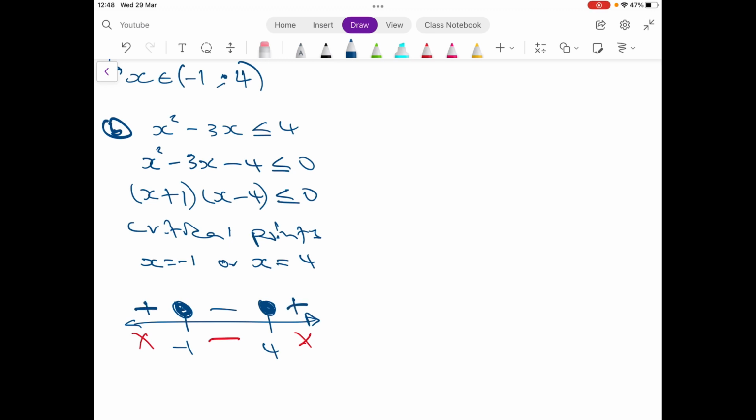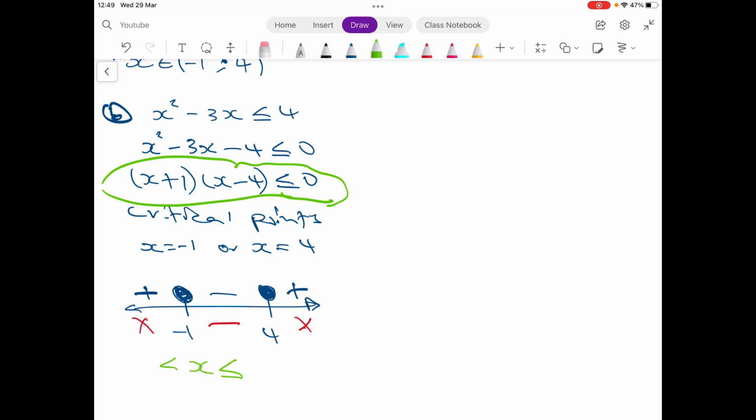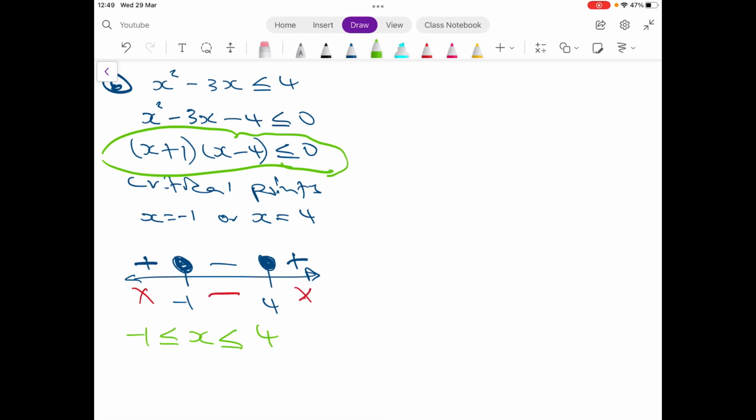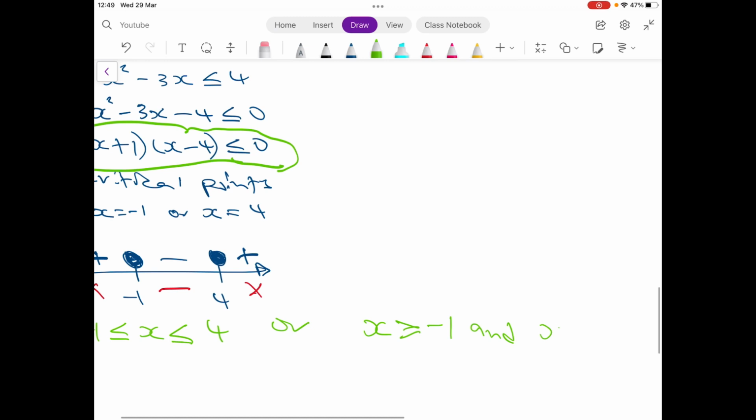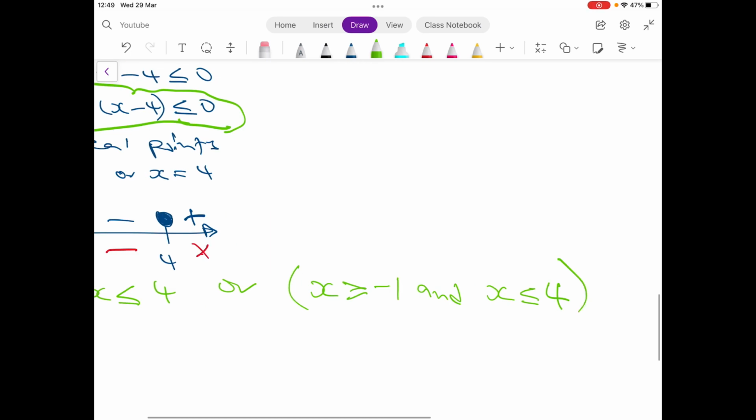To represent your solution, you need to tell us the range of x where this inequality is true: x is from negative 1 to 4. You can write it like this, or you can write x is greater than or equal to negative 1 and x is less than or equal to 4. This is just another way of writing the same thing again.